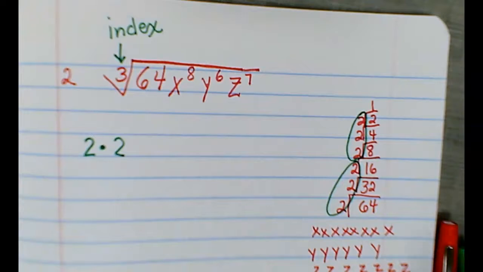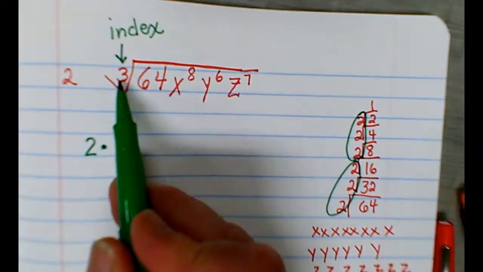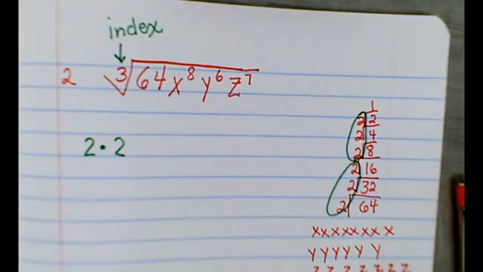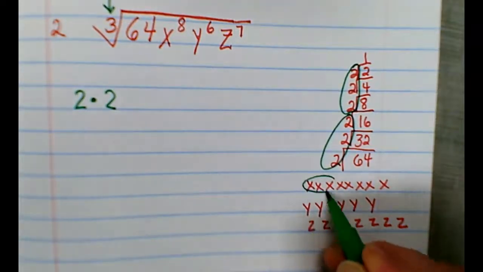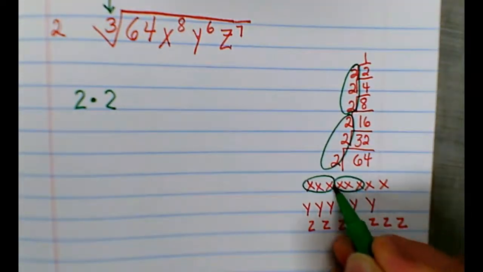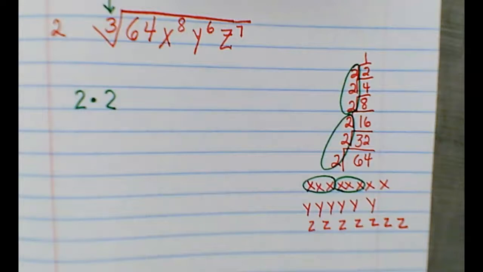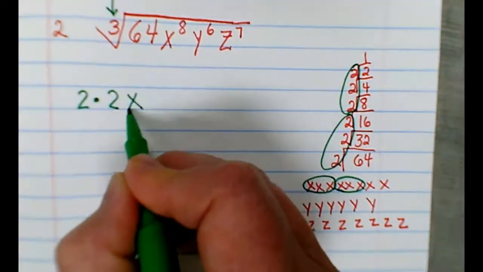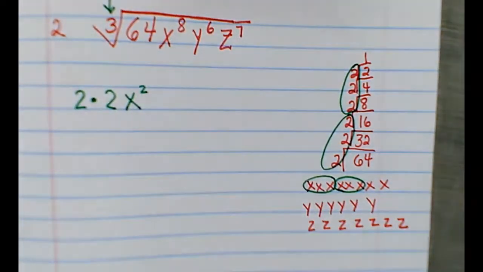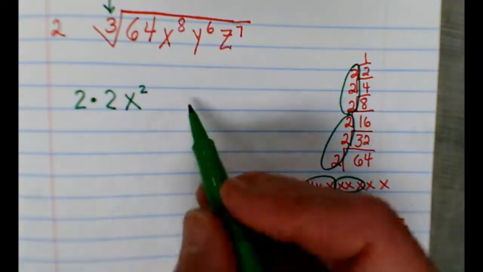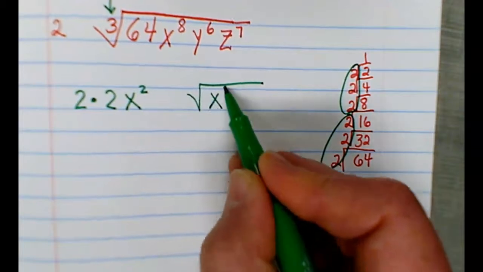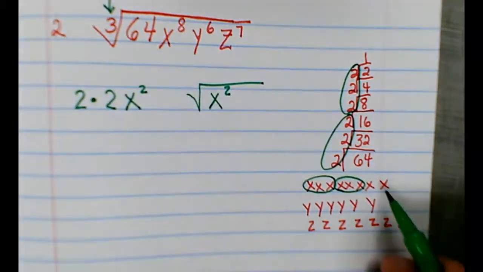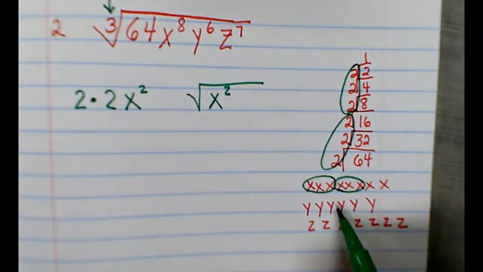If this is a 3, the only difference from what I was doing before is I'm looking for groups of 3. There's 2 groups of 3, and what's left over? Those 2 are left over.